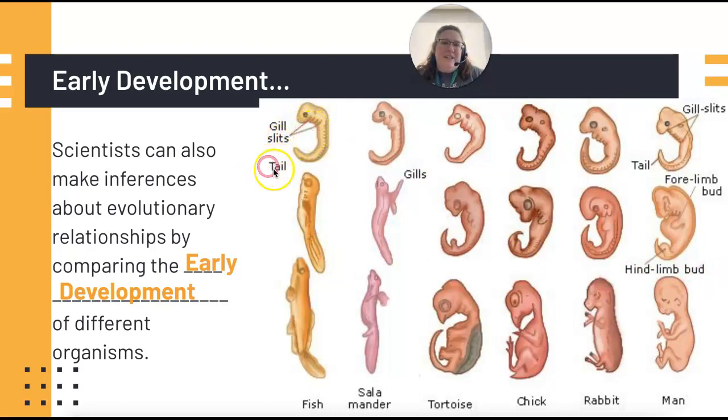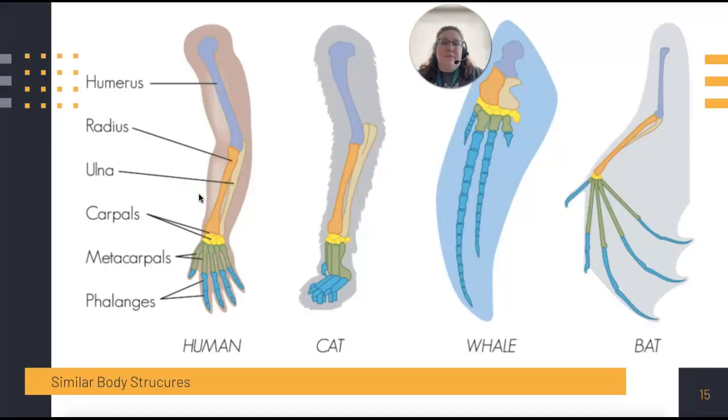They have gill slits, they have tails, and then as they develop, they separate out and become more and more unique, right? So that's an early development idea. And this is a little bit controversial, but for the most part, most scientists believe that that leads us to think that there had to have been a common ancestor between many of these organisms because that early development is so similar.